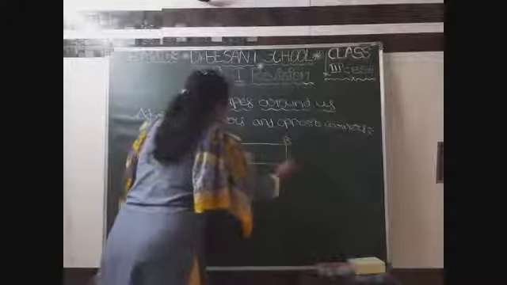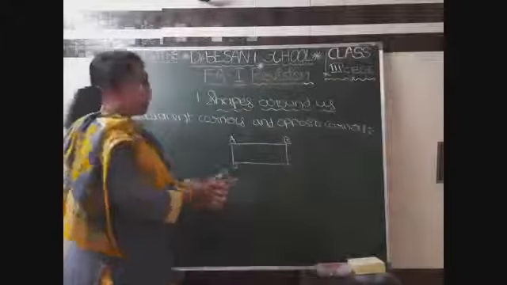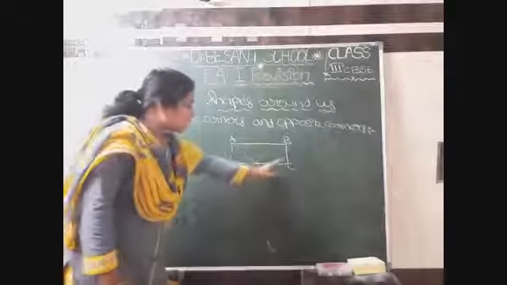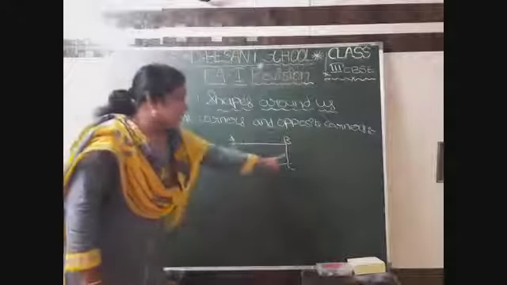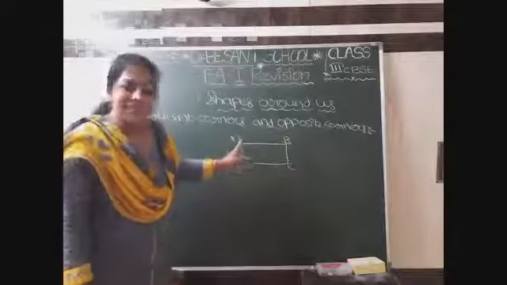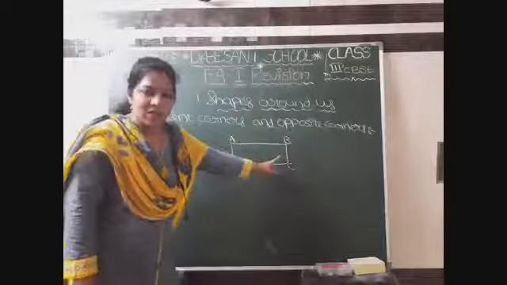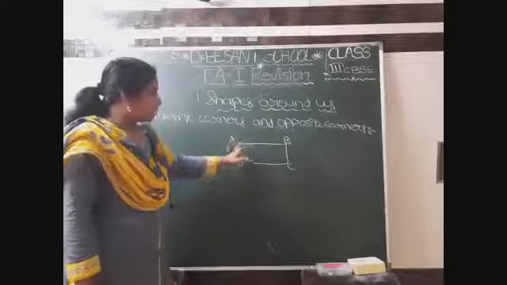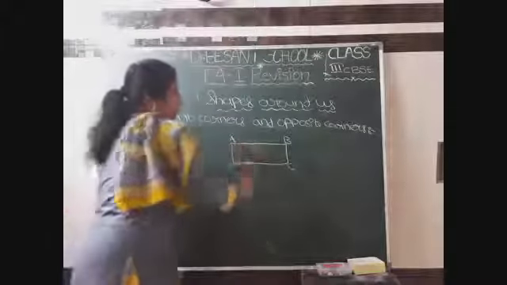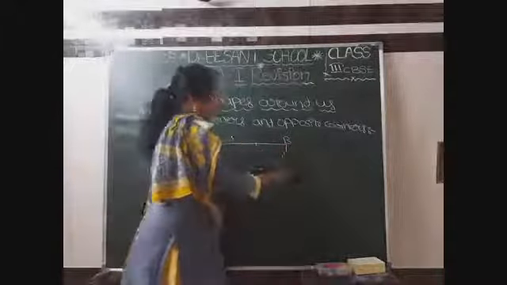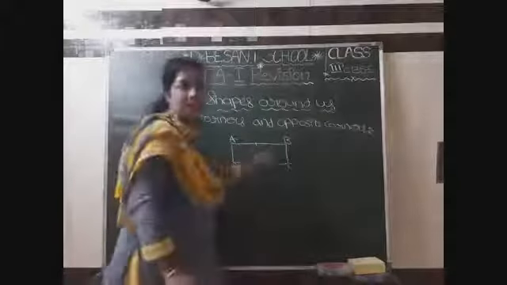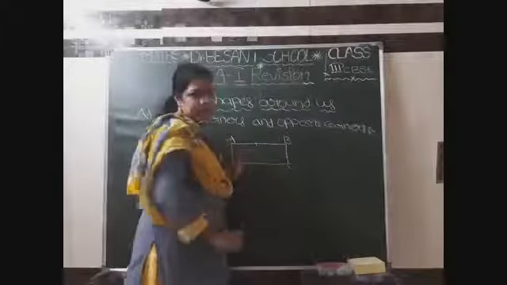I am naming it ABCD. This is the ABCD rectangle. Can you say, children, what these lines are called? Yes, all these lines are called sides. Here AB is one side, BC is another side, CD is one side and DA is another side.